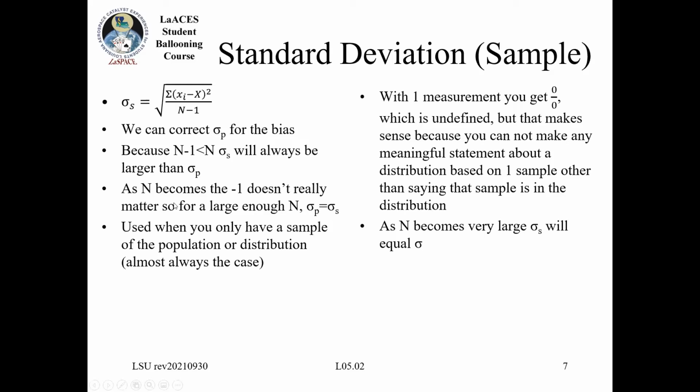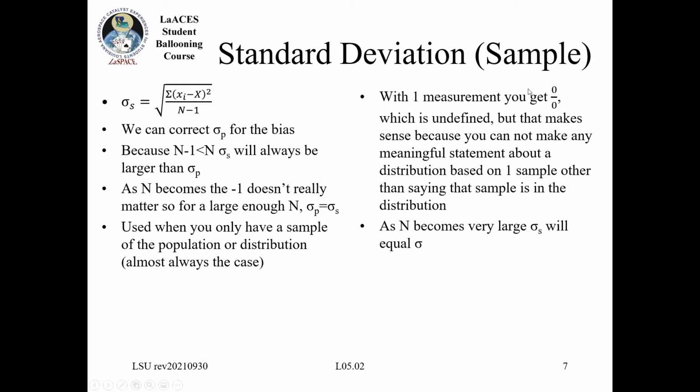So as n becomes large, that -1 doesn't really matter. And what that means is as you get a larger and larger sample of the population, those two standard deviations become the exact same thing. So this is what you're going to want to use when you're talking about samples.